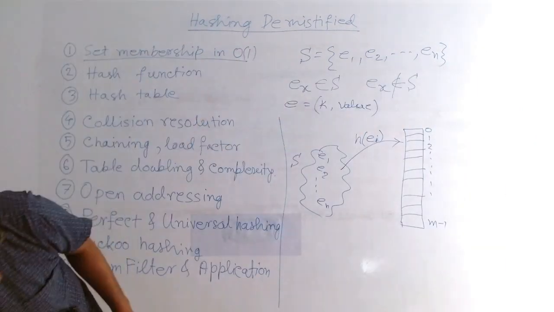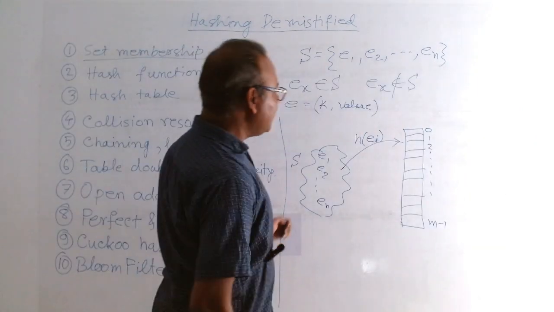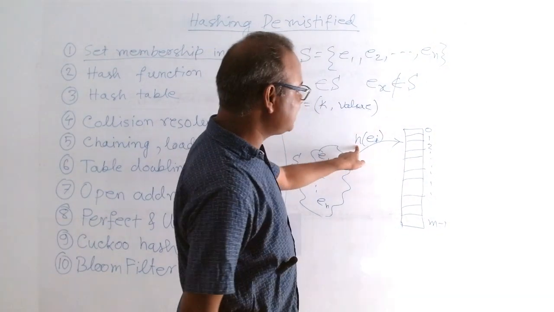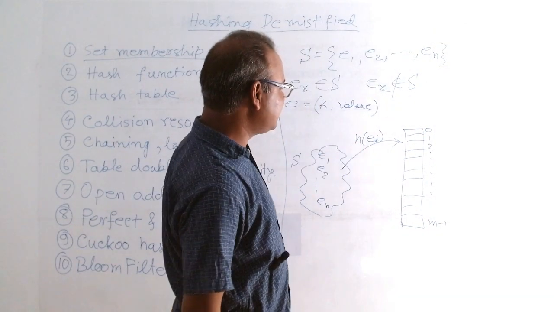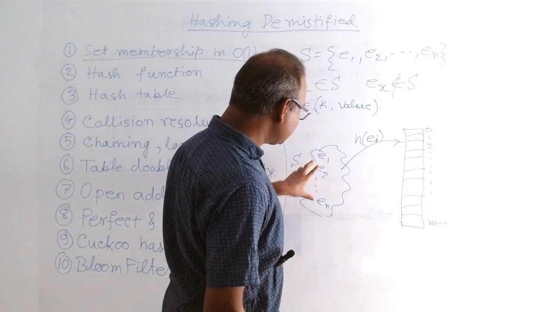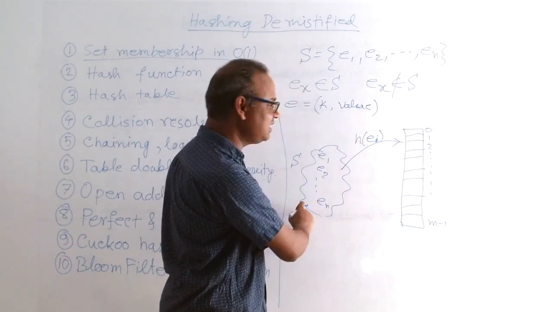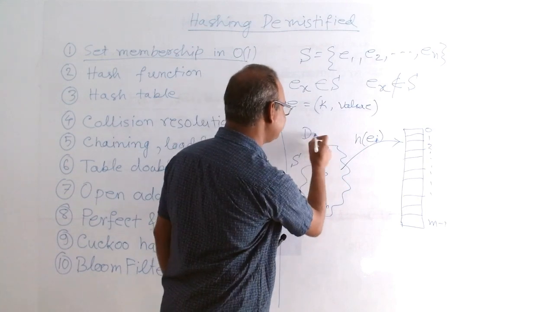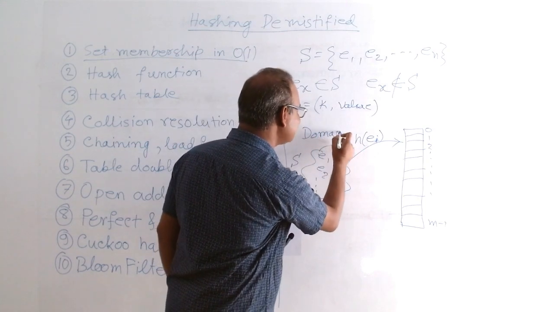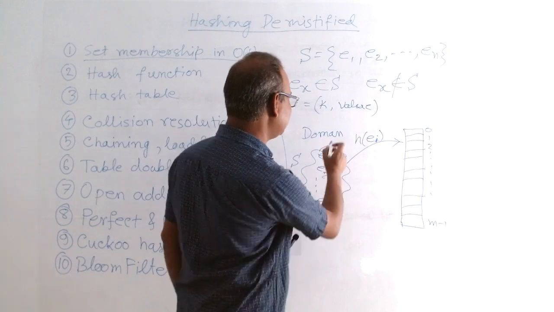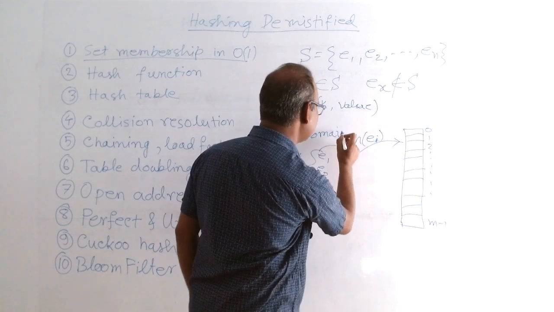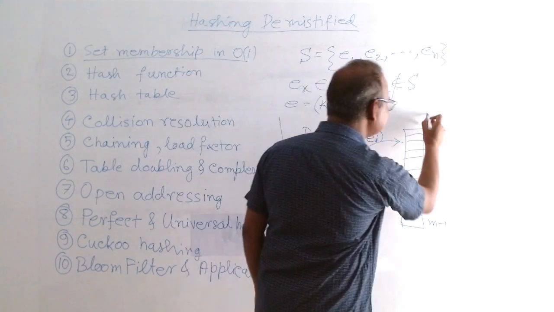Okay. Now coming to this hash function, how is this hash function created? The domain of this function is the set of all elements. Okay, this is the domain. Every function has a domain and a range.